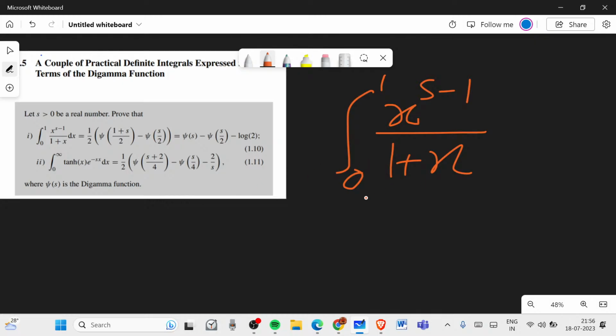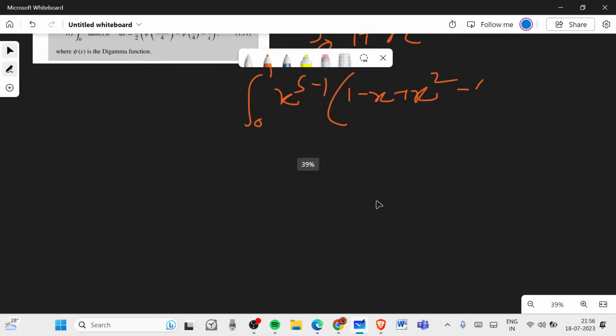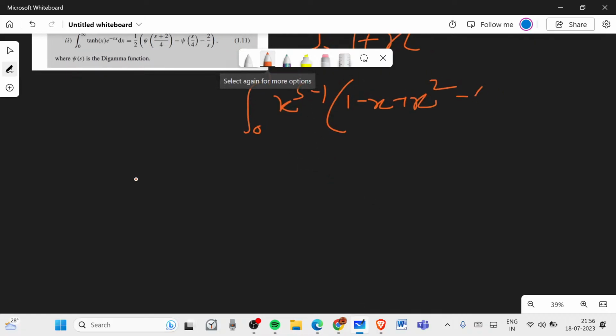Basically, 1 by 1 plus x, since the range is from 0 to 1, we can write it as 1 minus x plus x square and so on. So this integral simply reduces to a sum. And what is that sum?